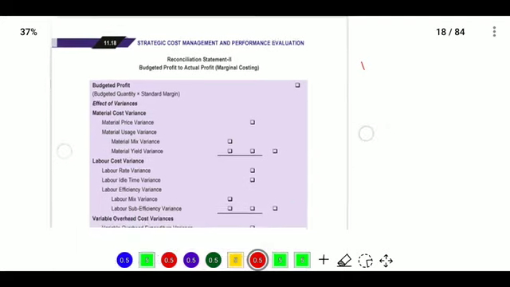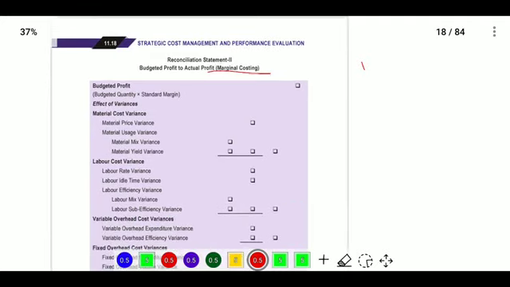Next, from marginal costing, we will see the budgeted quantity into standard margin. In case of absorption costing we will take actual quantity. Marginal costing means budgeted quantity into standard margin, but in case of absorption costing we have actual.